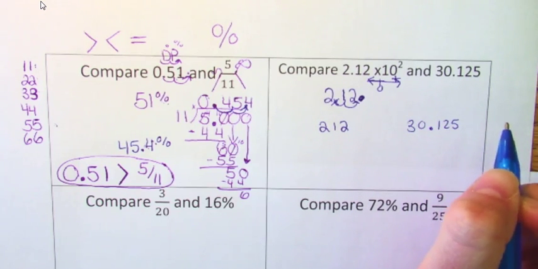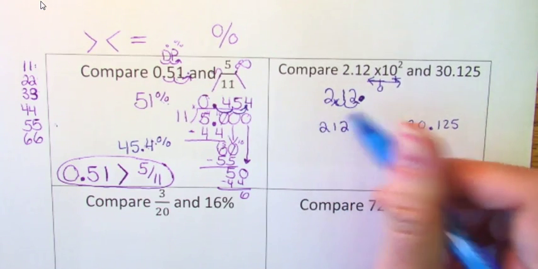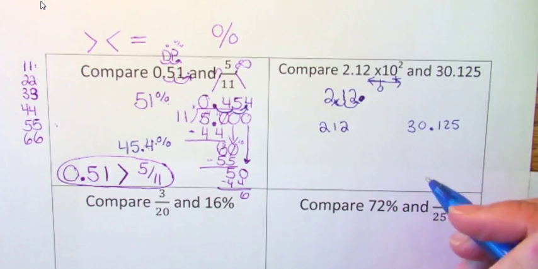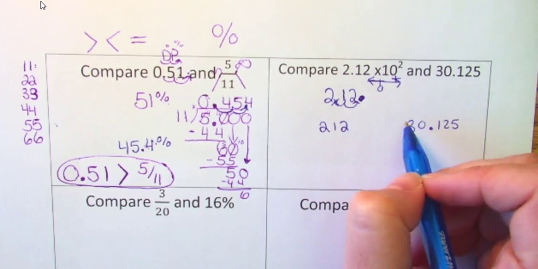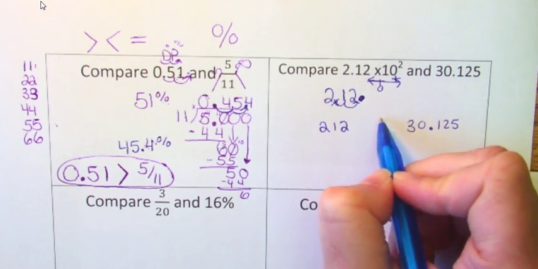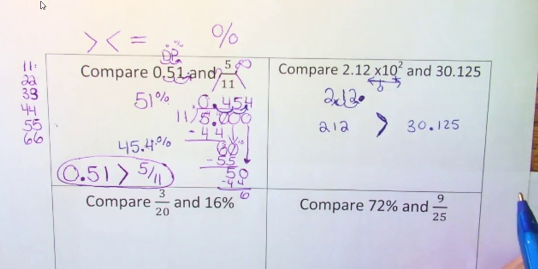But I cannot just compare those numbers. Well, actually, you can. They're in the same form. They're just standard numbers. We can compare them. Or if you want to turn them into percentages, you could do that. But right now, these are both just plain old numbers. So we could stop here. And we would see that 212 is greater than 30.125.